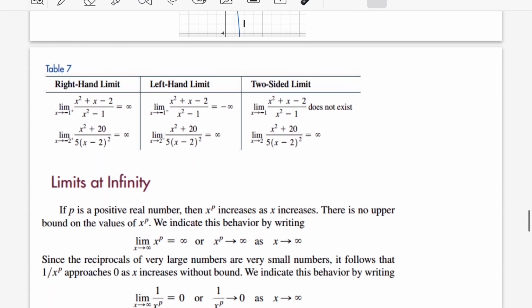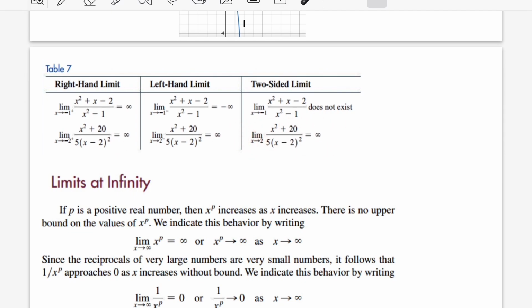Let's take a look at this table here, kind of like a guideline. See that if we have a right-hand limit that is approaching infinity and our left-hand limit that's approaching negative infinity, the two-sided limit will not exist because they're approaching two different numbers. And then if the right hand and the left hand limit are equal to positive infinity, we'll get that our limit is equal to infinity.